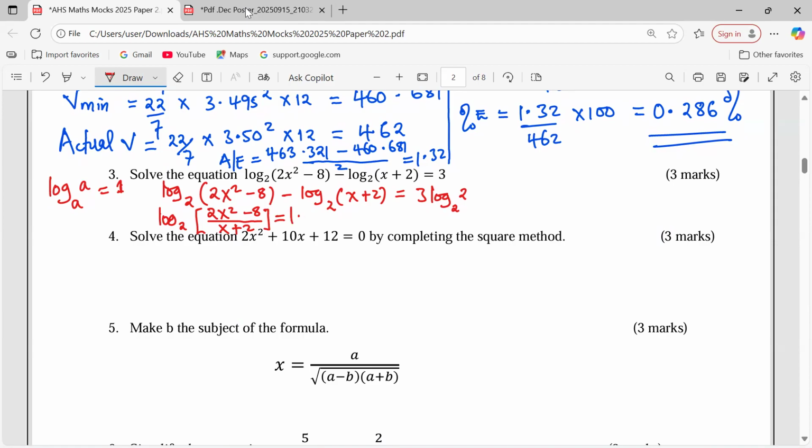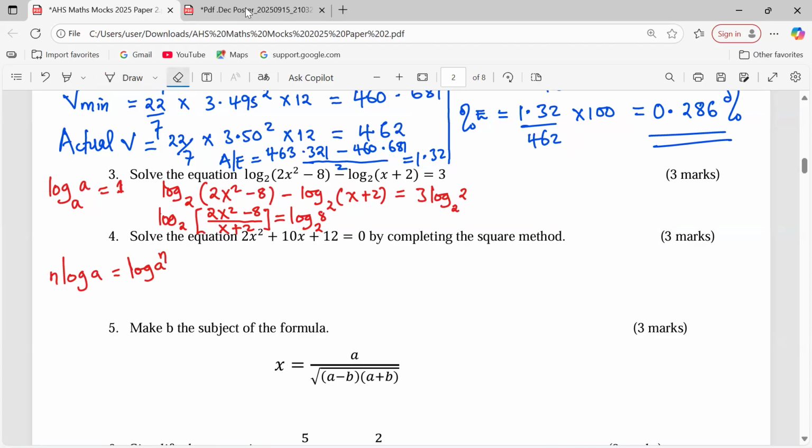And this is equal to log to base 2 of 2 power 3, because we all know that n log a is the same as log a power n. Therefore, 3 becomes the power of 2. So 2 power 3 gives us 8.